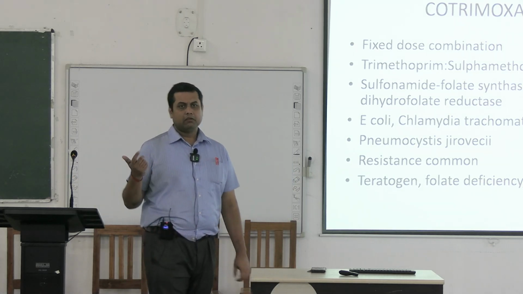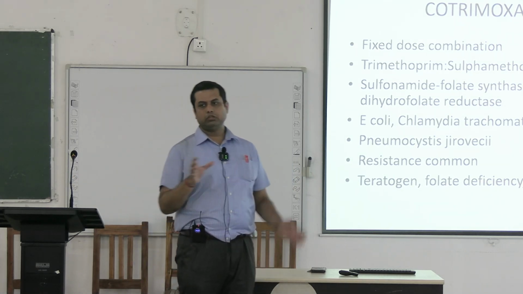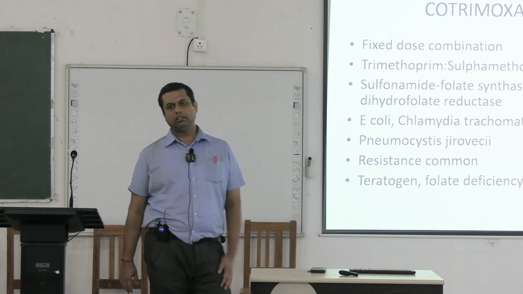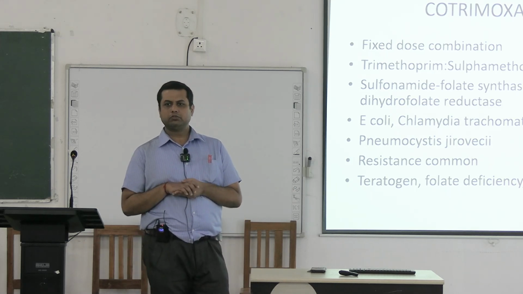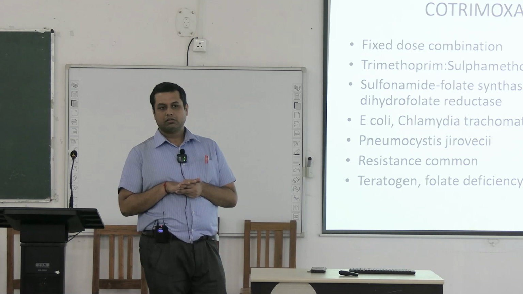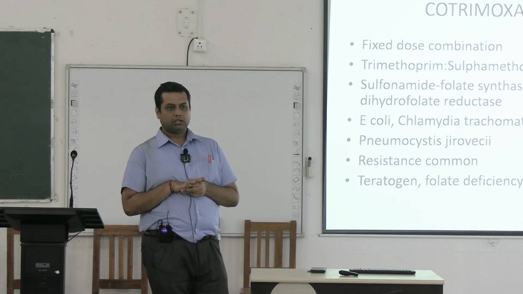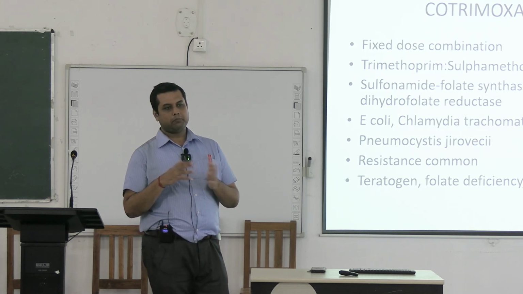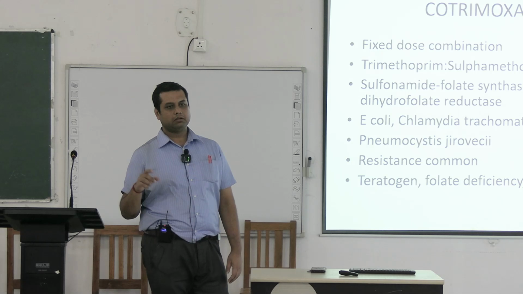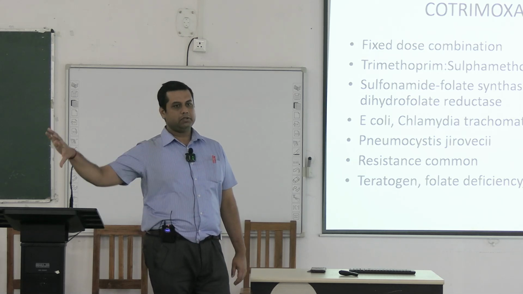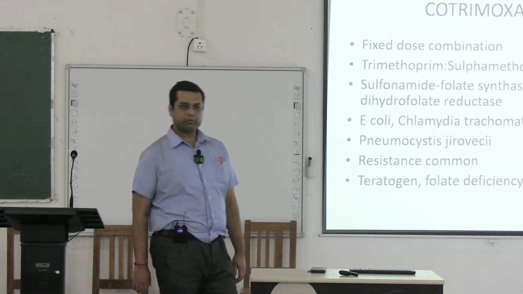First of all, the two drugs combined must produce a super additive effect. What do you mean by super additive effect? A plus B more than A and B used separately.